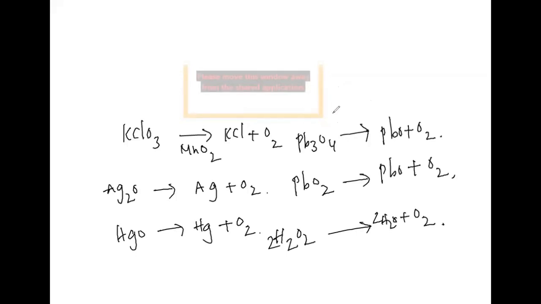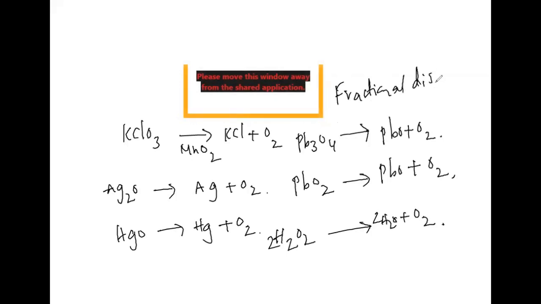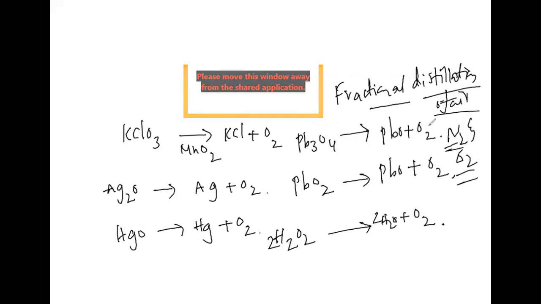Generally, we follow the industrial method for the preparation of oxygen. For that, we are going to use the fractional distillation technique, the fractional distillation of air, which I discussed already in the nitrogen preparation.